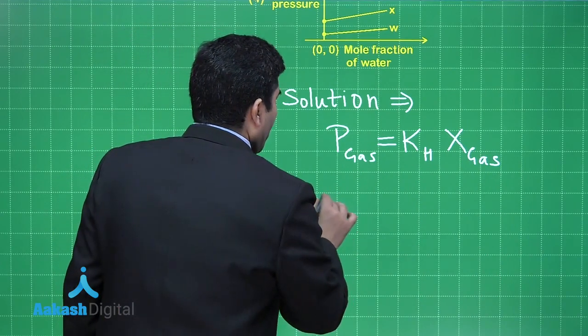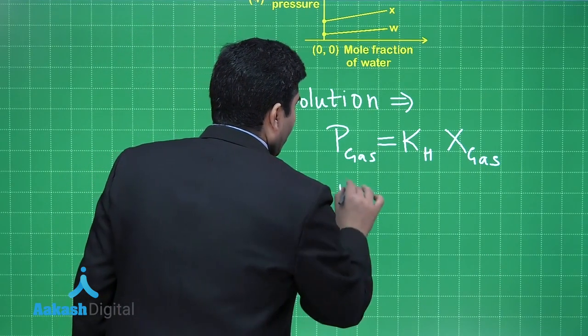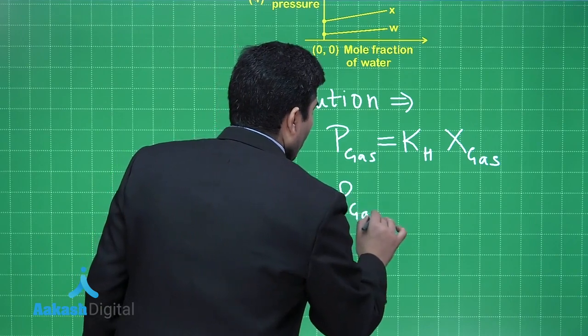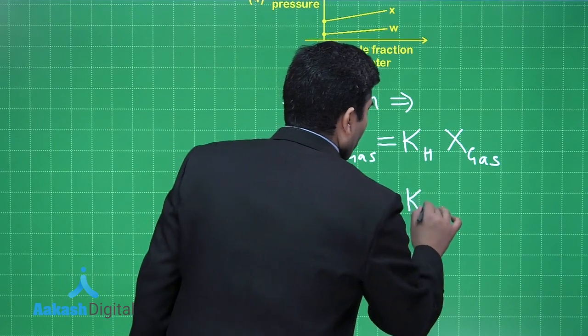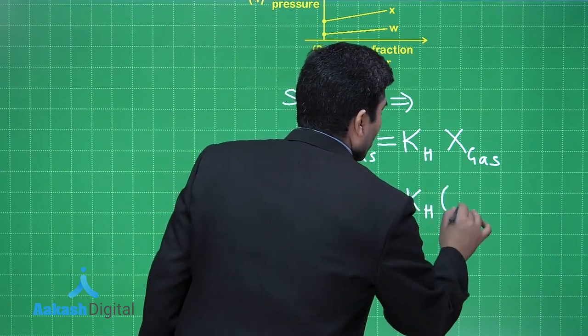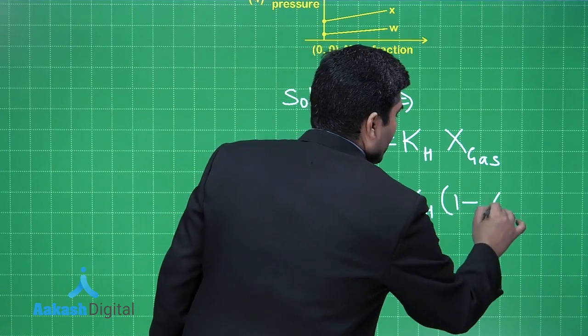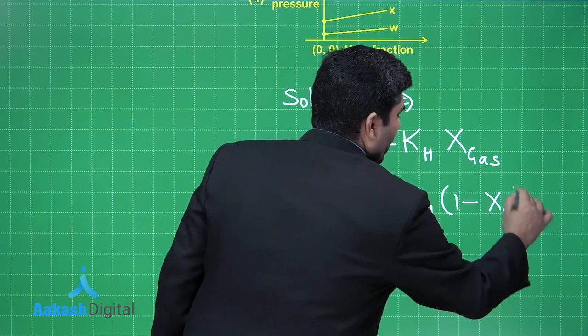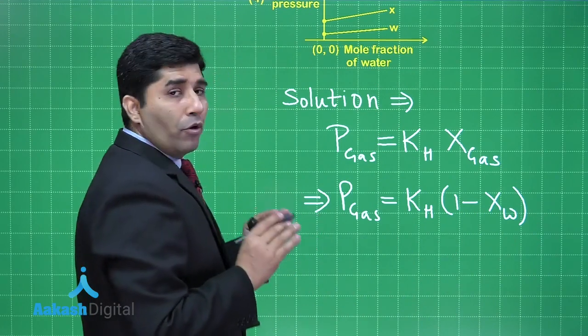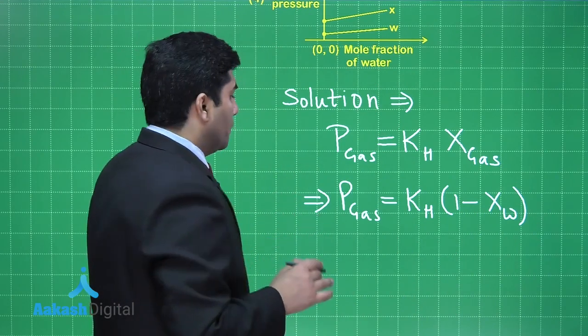We can say that the pressure of the gas will be equal to KH times (1 minus mole fraction of water). I am representing the mole fraction of water by XW, right?